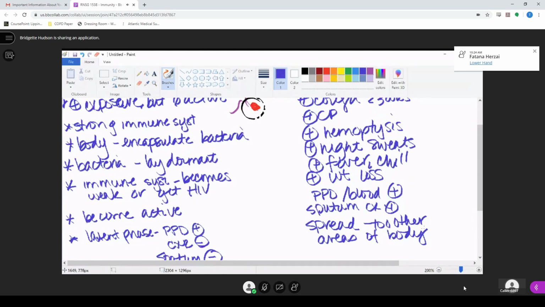What is the best methodology that gives you that bird's eye, for sure positive that your person does have TB? Either a chest X-ray or AFB smear. It's the sputum. The sputum will tell you if the person has TB.